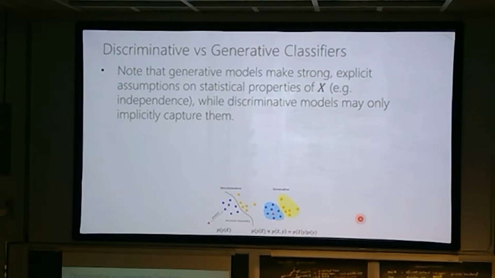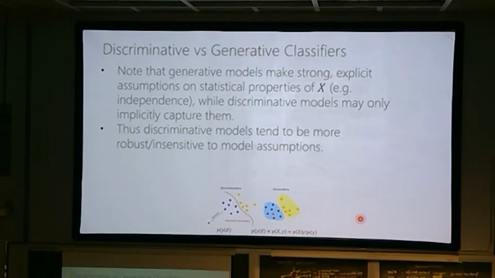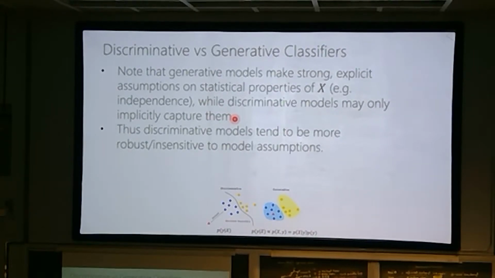This is a very strong assumption. The discriminative models may only implicitly capture things like correlations between x. When you train logistic regression, it might downweight two features that are correlated because they're correlated. So it can somehow tease these things apart, but very indirectly, because it doesn't model the distribution over x.